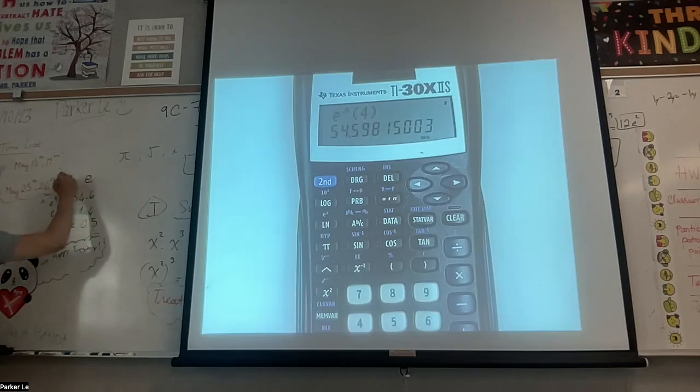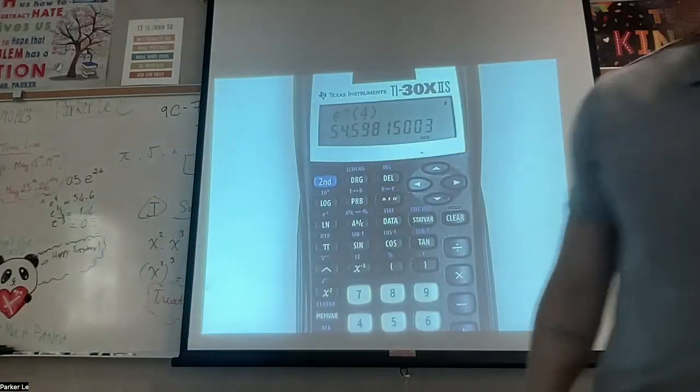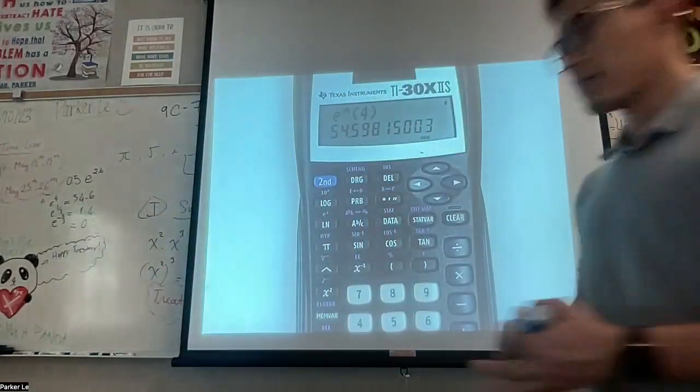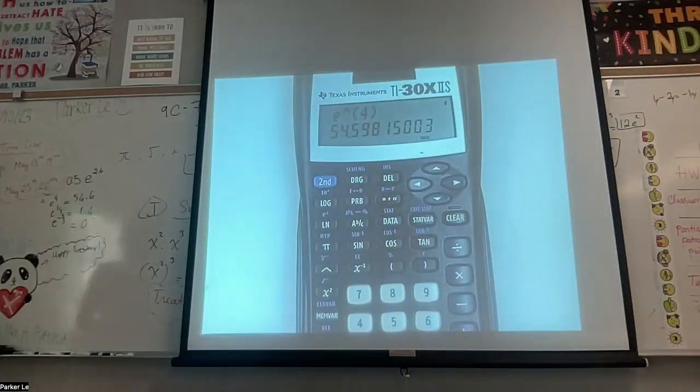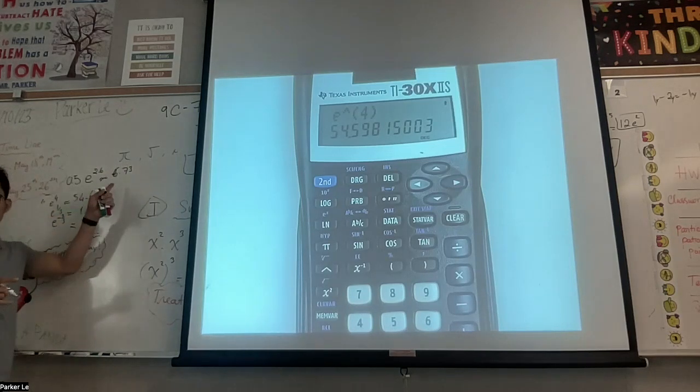So last one. 0.5 times e to the 2.6. Give me the answer using the calculator. 6.73. Did you get the same answer?